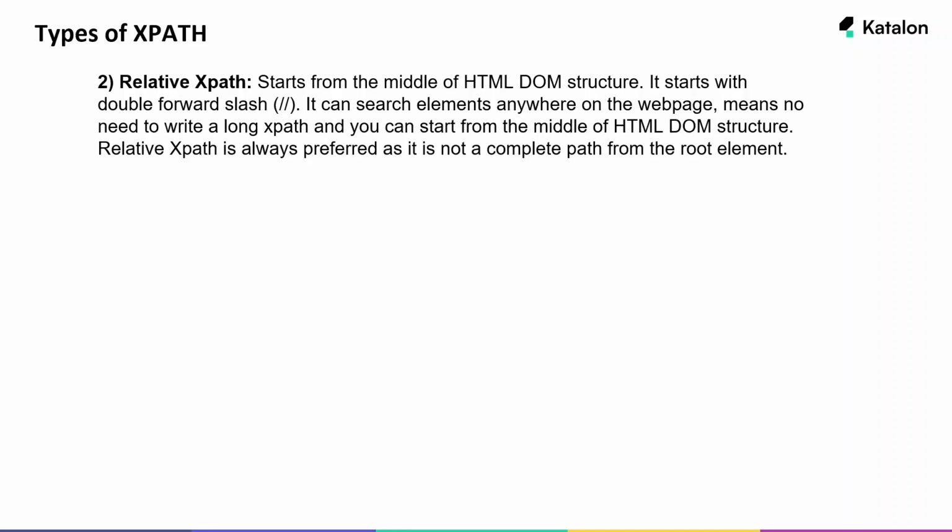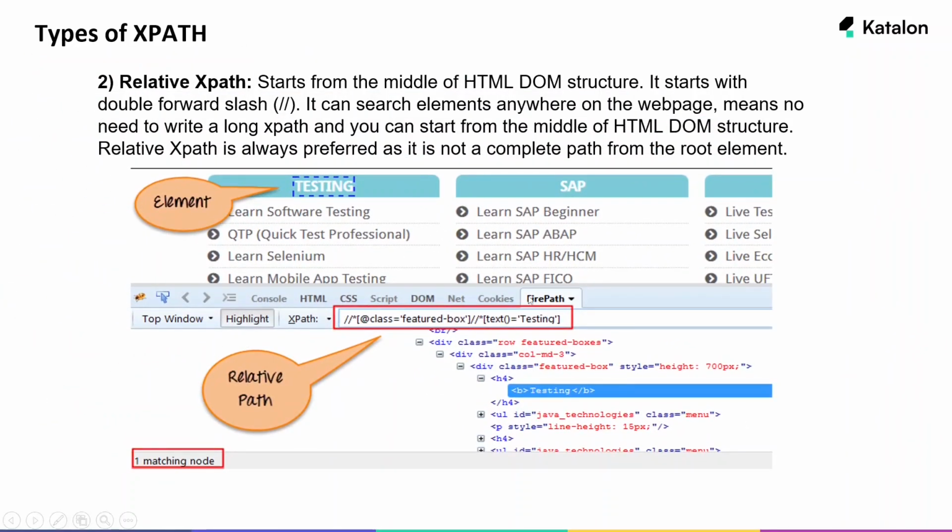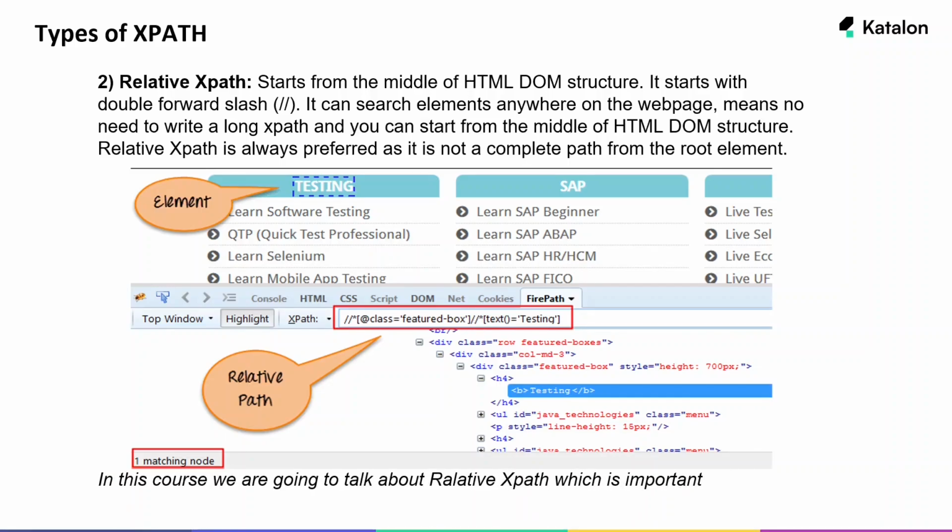Relative XPath is always preferred as it is not a complete path from the root element. If you see the example in the square box, your relative XPath starts with double forward slashes. In this course, we are going to talk more about relative XPath, which is very important.